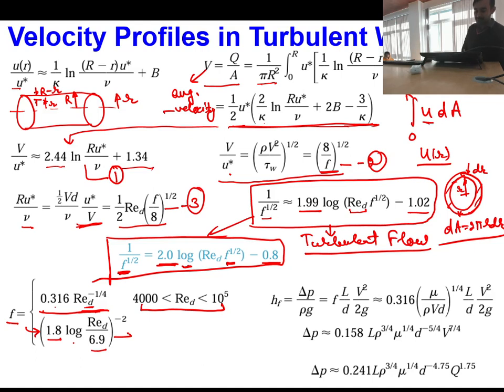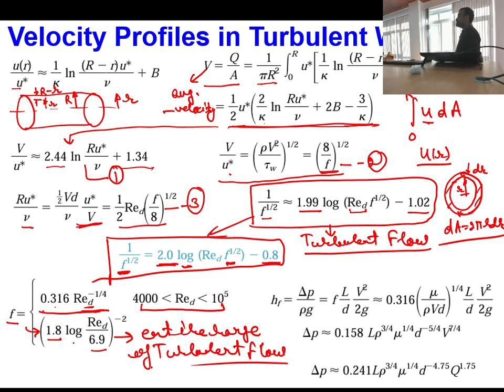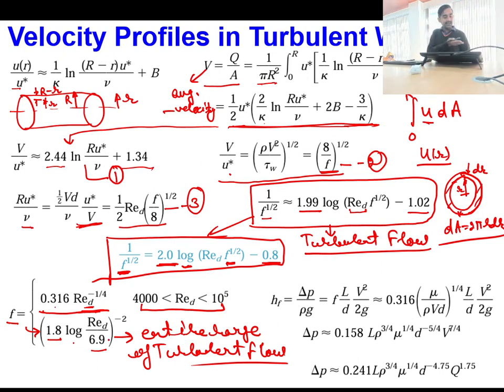This particular equation is applicable for the complete range of turbulent flow. Is this point clear? So once I have these two equations, particularly the second one, by just knowing the Reynolds number, I can directly calculate the value of friction factor.